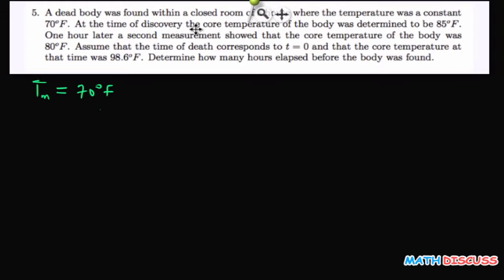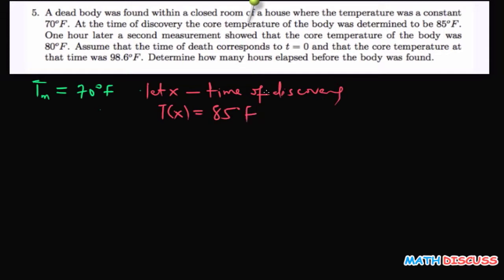Since we do not know it, I'm going to let X represent the time of discovery. So if X is the time of discovery, we are told that T of X equals 85 degrees Fahrenheit.